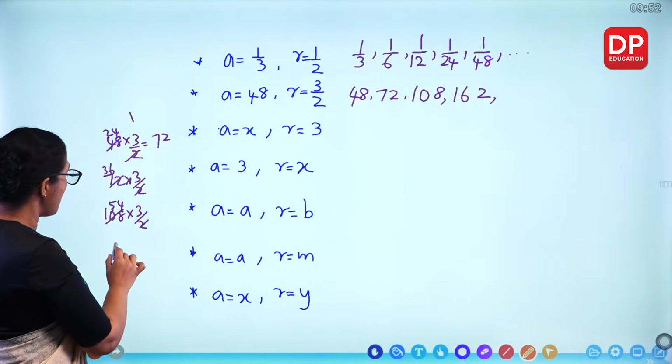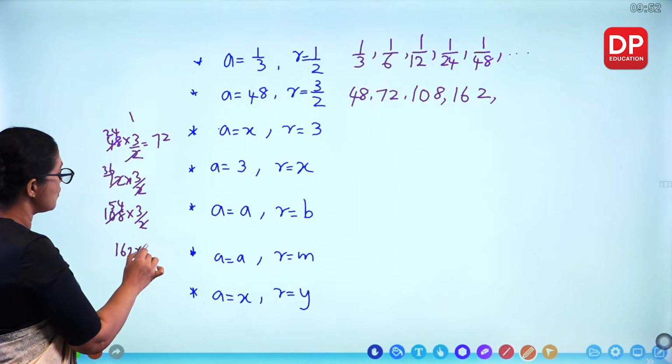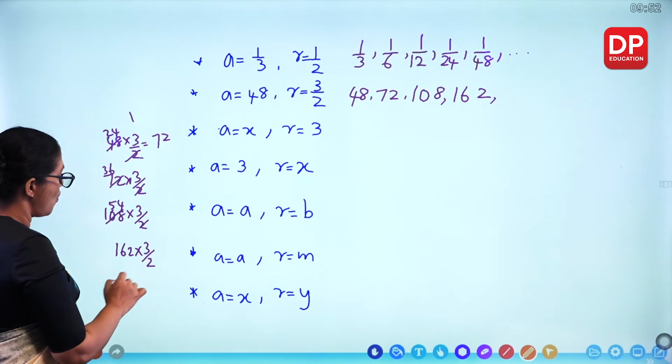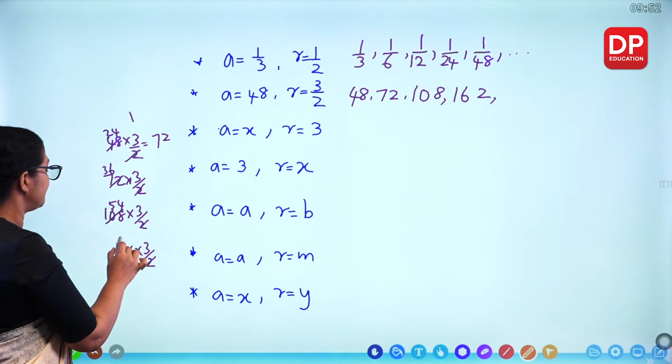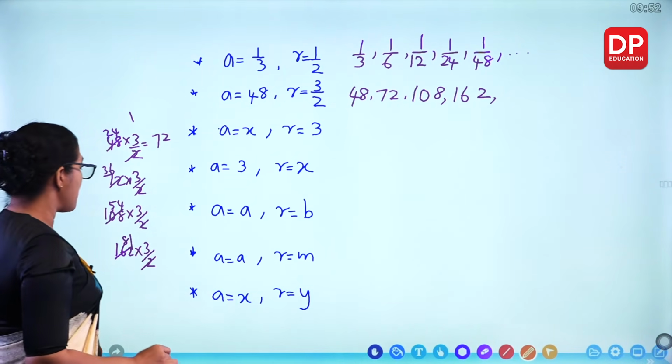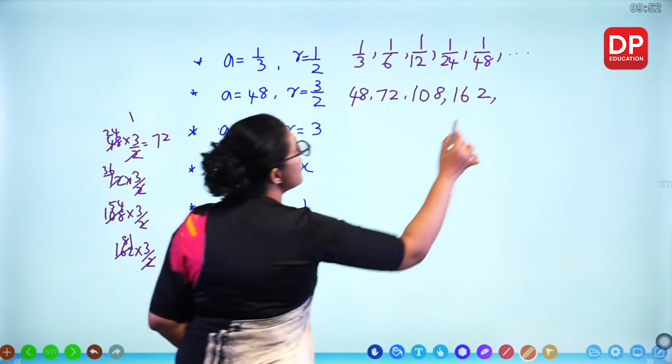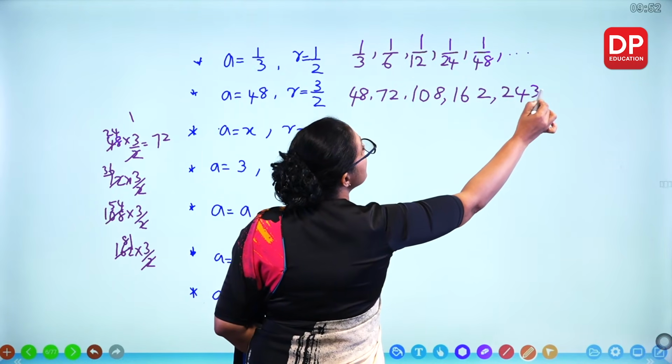We need one more term, 162 times 3 over 2, you get 81 multiplied by 3, 243.